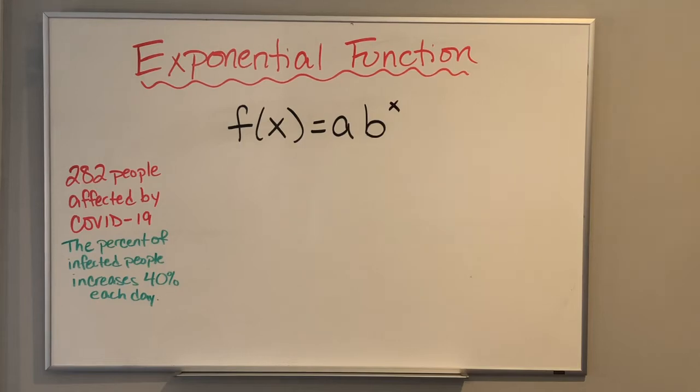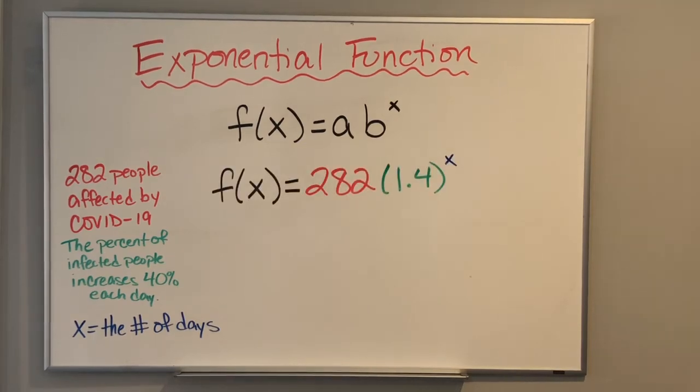Then every day that goes by, the percent of people infected by coronavirus increases 40% each day. And finally, x is the number of days that have gone by since the initial 282 people were affected.